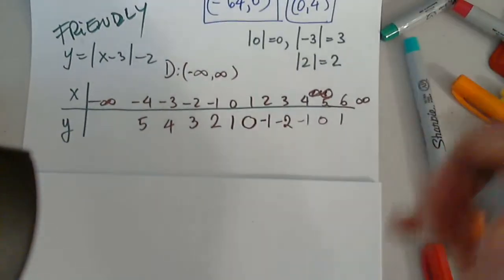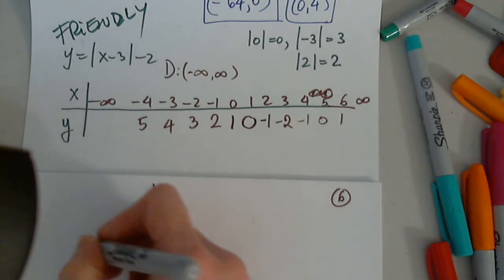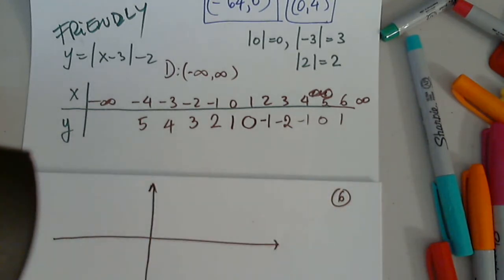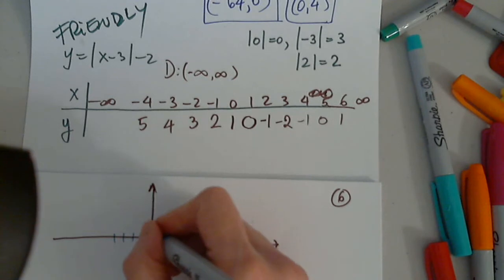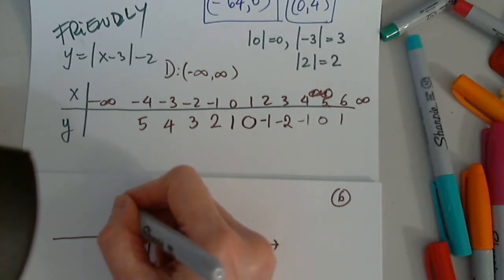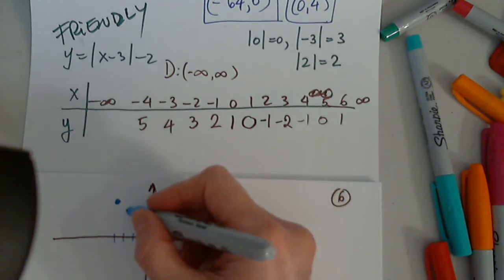Okay, we're ready now to plot all these. Here it is. From left to right, the first ordered pair, please. -4, 5. Very good. Next one. -2, 3.